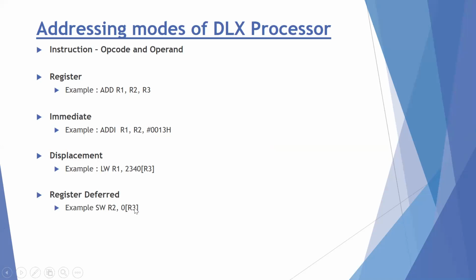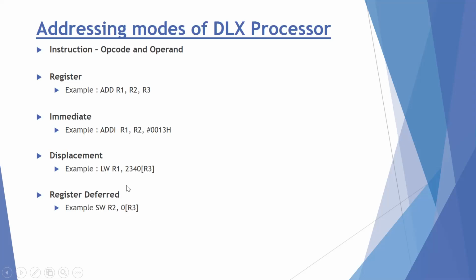Now what is the base register here? R2. R2. R3 again. Whatever refers to the memory is called the base, okay? So R2 is the source, and this is the destination that we have to refer to. And how do we compute the destination? It is the base register plus the displacement.